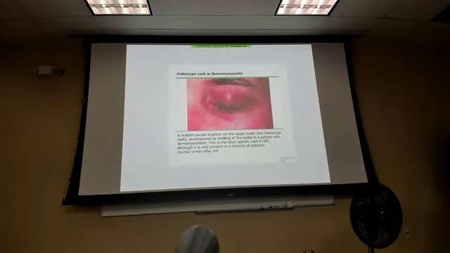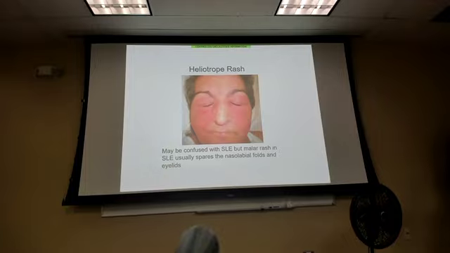Heliotrope rash: you've got a reddish to purple eruption. It would be similar to lupus, but this one usually does not spare the nasolabial folds.